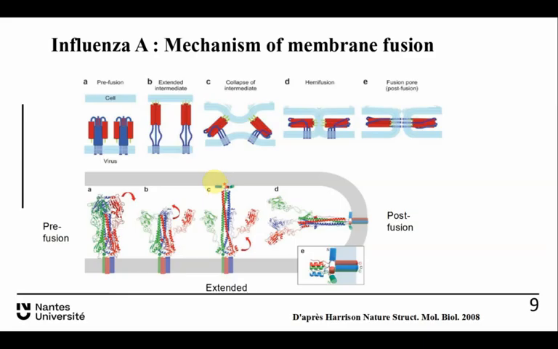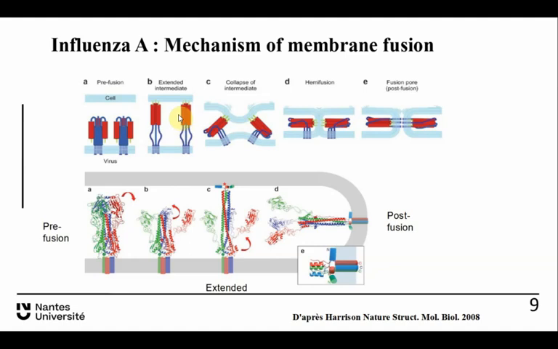So the spring gets much longer. And this will project the fusion peptides into the endosomal membrane. Okay, so you've got this structure which is suddenly going to get longer. It's going to insert these fusion peptides into the membrane. So this is the elongated or extended form of the structure.